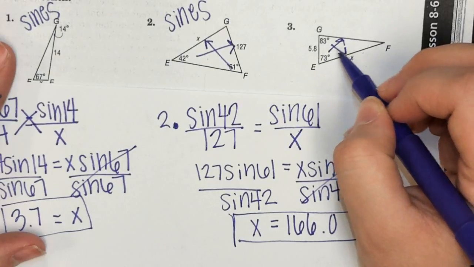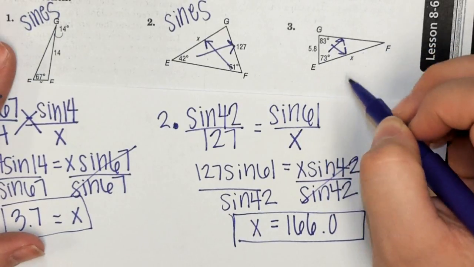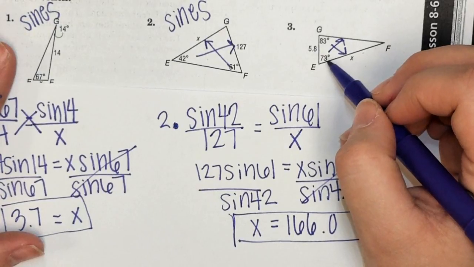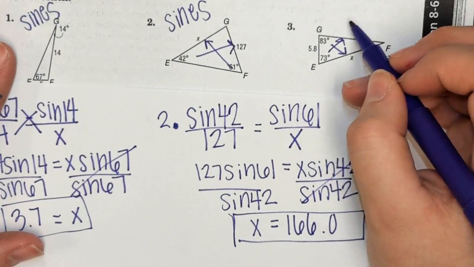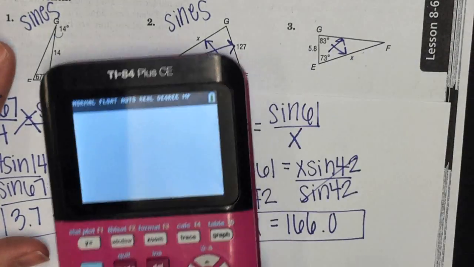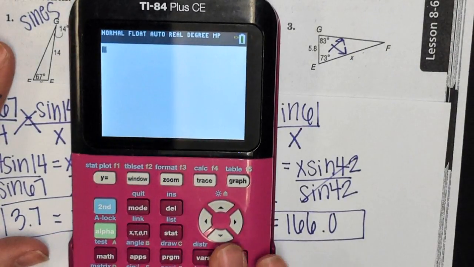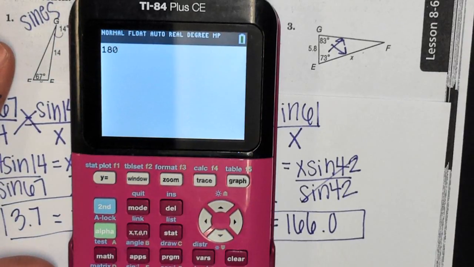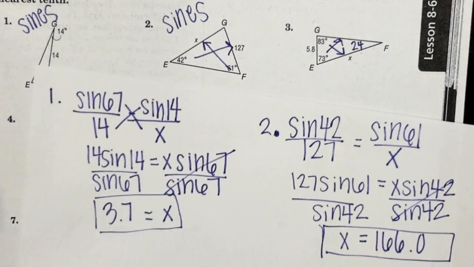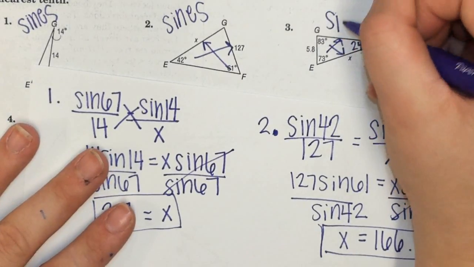I know 83 goes with this, and 73 we could, oh, you can do 180 minus those. I was hoping we were going to get to the cosines. So number 7, okay, we'll skip down there. 180 minus 83 minus 73. This becomes 24. So this is sines again.